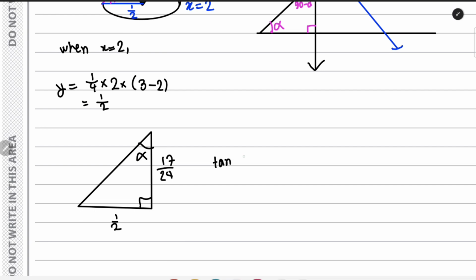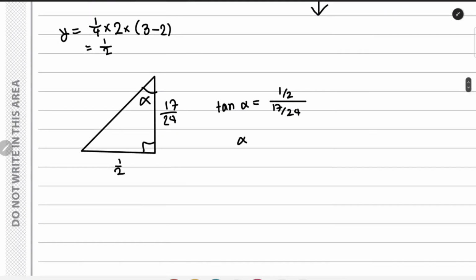So tan α would be the opposite, which is half, divided by 17/24. For α we'll get tan inverse, so we'll get 12/17 over here.